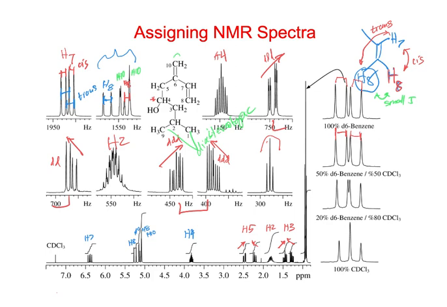Okay, cool. But you can't really predict what direction they'll move, or you might luck out and those might move apart, but they didn't tell us what the rest of the spectrum looked like in benzene. Maybe all the other ones just moved on top of each other when you went to benzene. We don't know that.